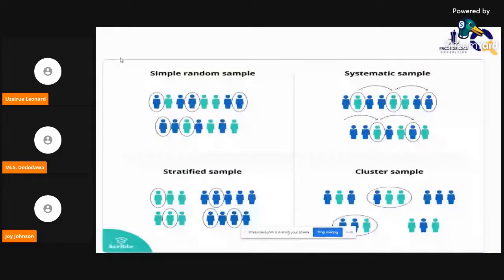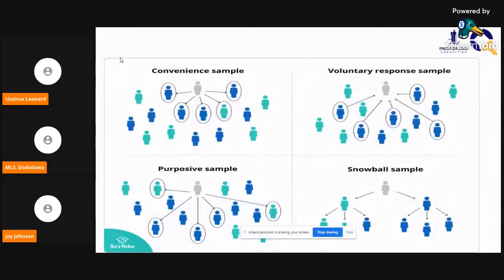So, I will move swiftly to the next methods. Here we have several examples for non-probability sampling.